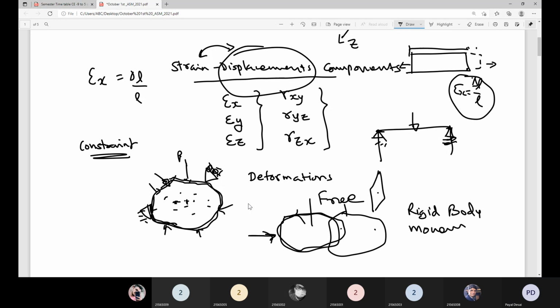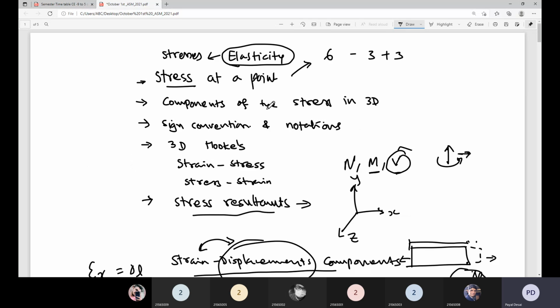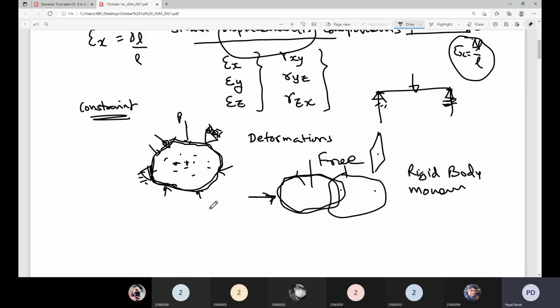Now along with the concept of stress at a point, I also need to figure out strain at a point. So there is a concept of strain at a point, and I need to know the displacement components within the body, right? And I am giving you the reason why the internal movement happens, why strain develops, why strain energy. You must have heard about strain energy.